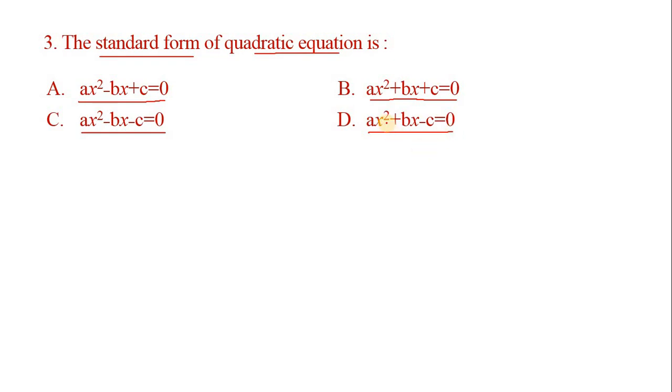Children, in the standard form of any equation, in front of every term there should be a positive sign. So in option B we can see positive signs between the terms. Hence this will be the correct answer, the standard form of a quadratic equation.